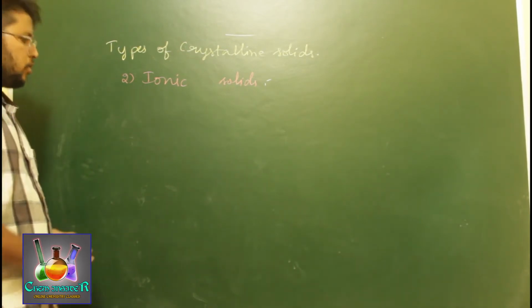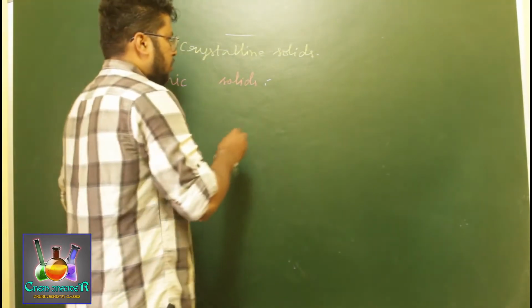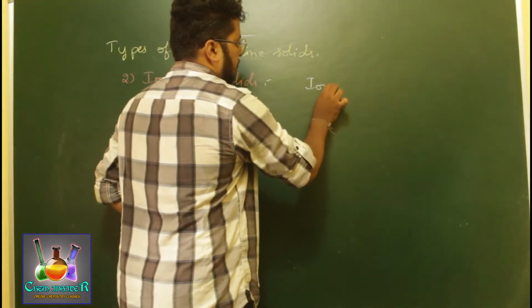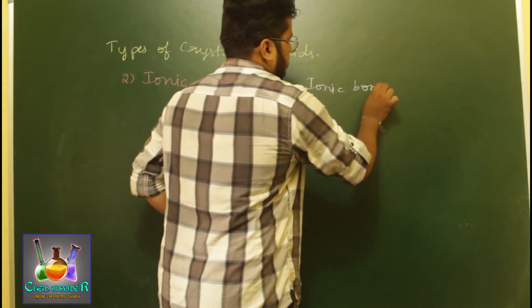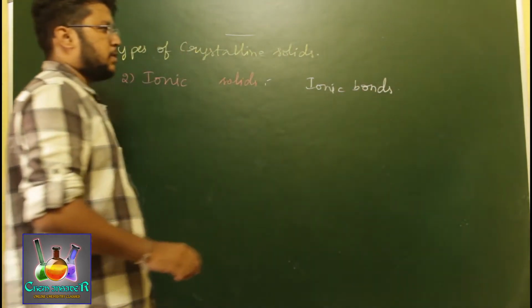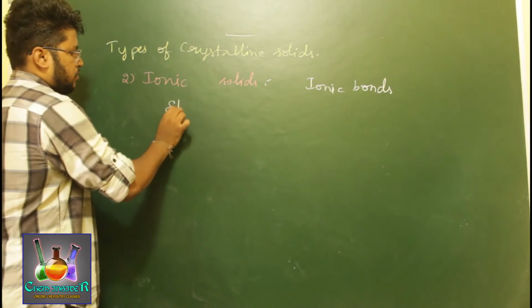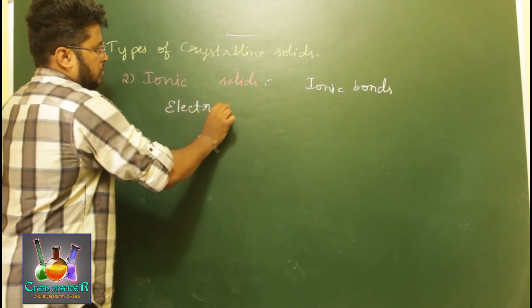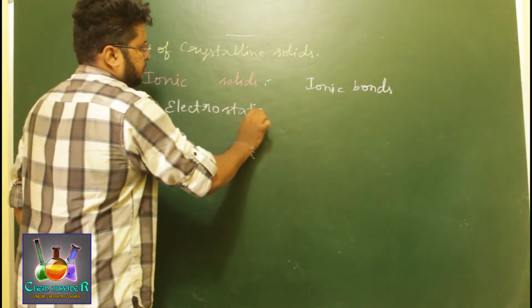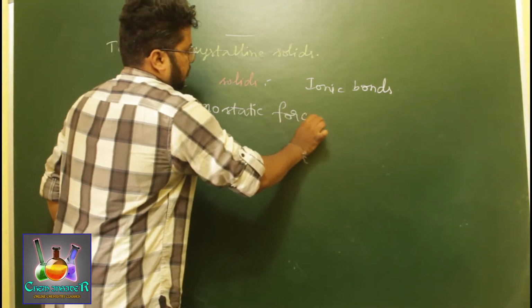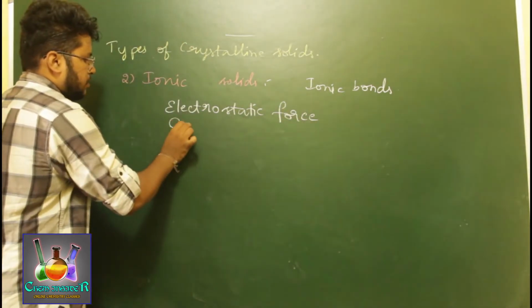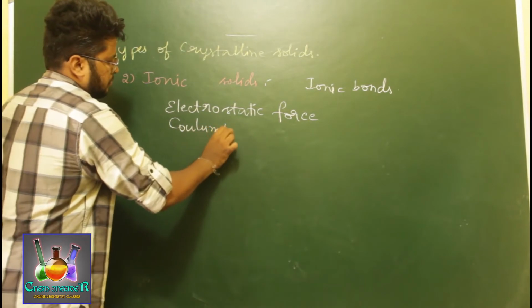These ionic bonds arise because of electrostatic force of attraction, which we also call Coulombic force.